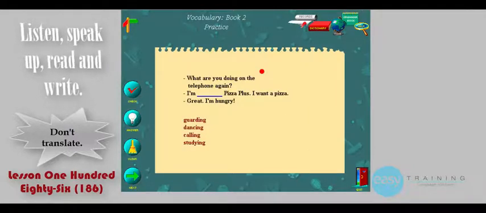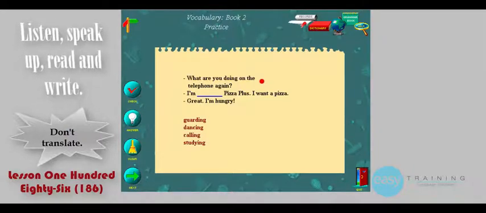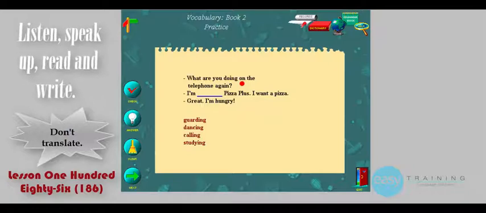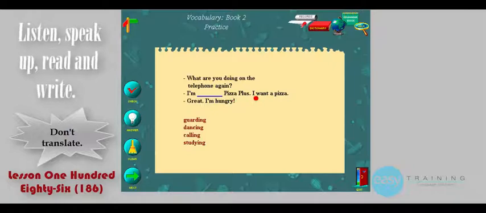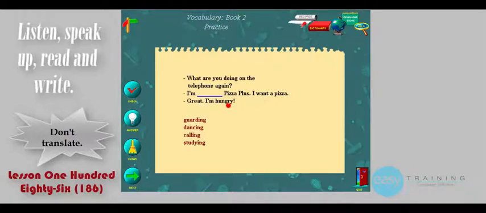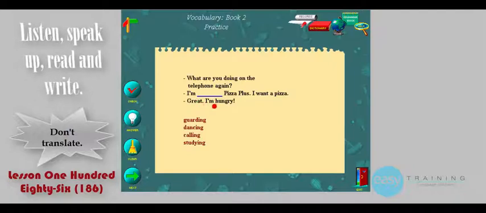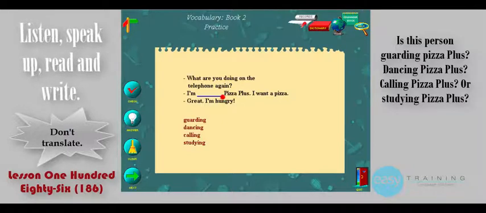This is another conversation. One person asks, what are you doing on the telephone again? The other one says, I am blank pizza plus. I want a pizza. And the first person answers, great, I'm hungry. Is this person guarding pizza plus?